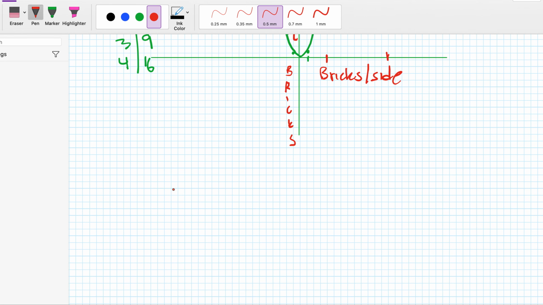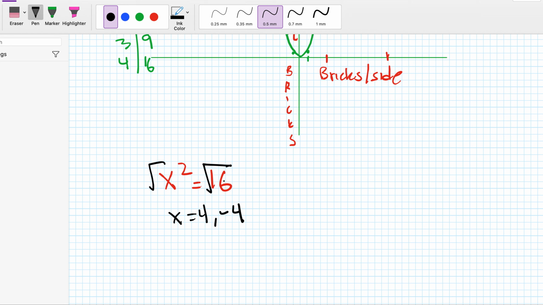Another thing to consider is that when we're solving, it's the same thing we get visually when we graph. We learned that x squared equals 16. In algebra, we square root both sides, and we say x is 4 and can also be negative 4, because 4 times 4 is 16, and negative 4 times negative 4 is 16.